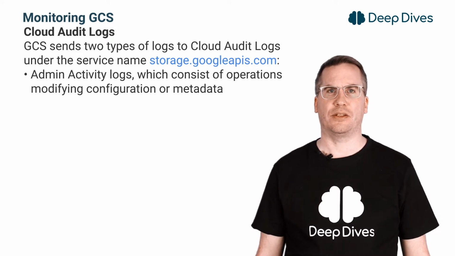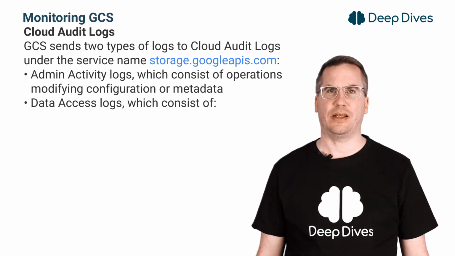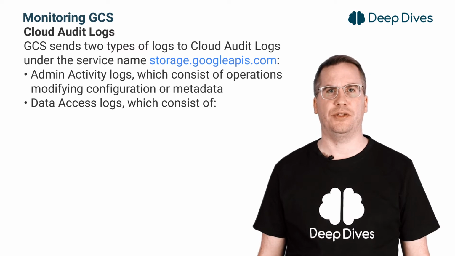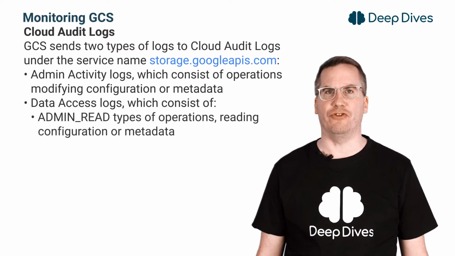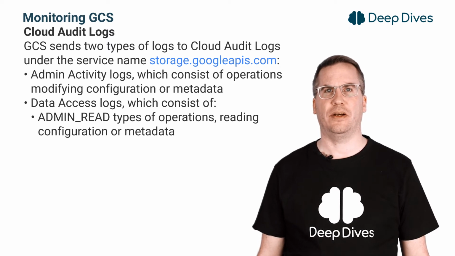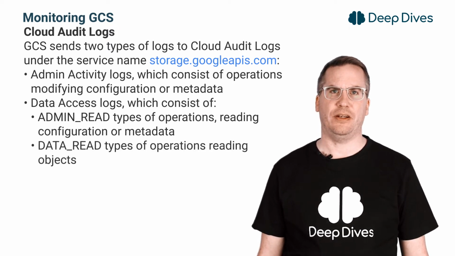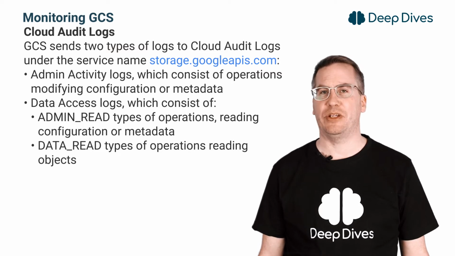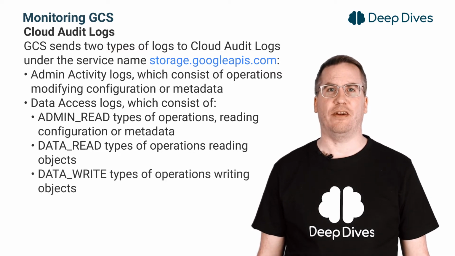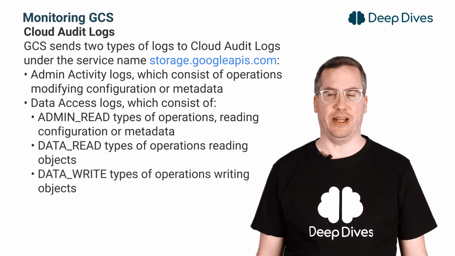The other log is called a data access log, and that consists of three different types of operations. The admin read operations, which are reading configuration or metadata, the data read operations, which are reading objects, and the data write operations, which are writing objects.